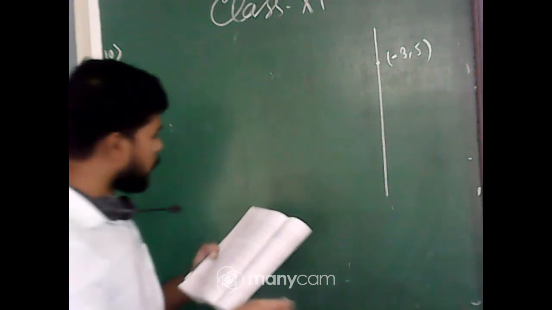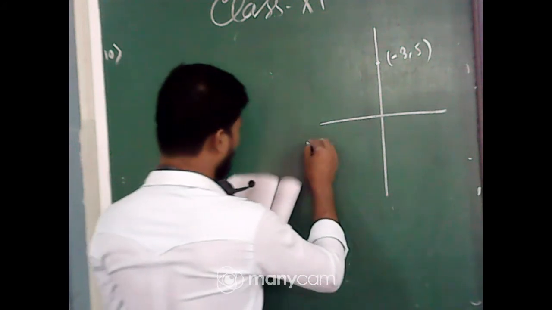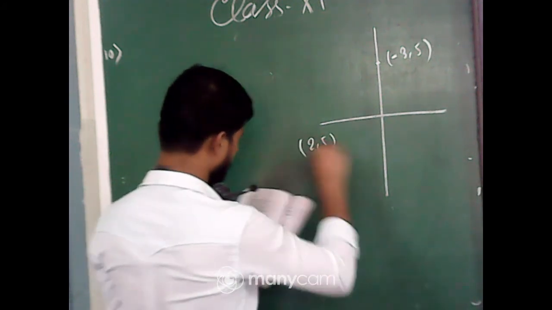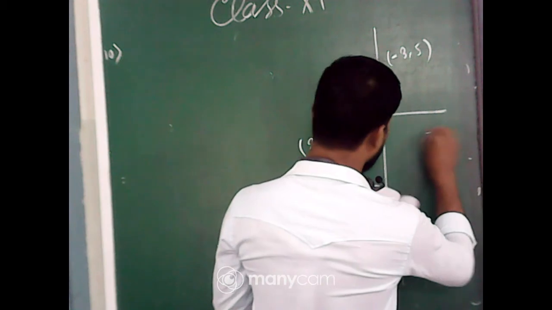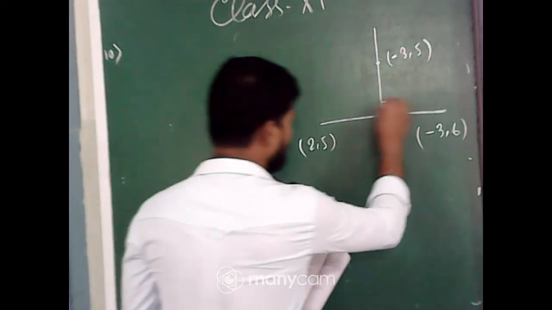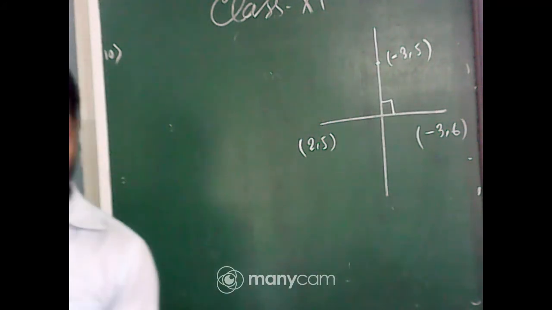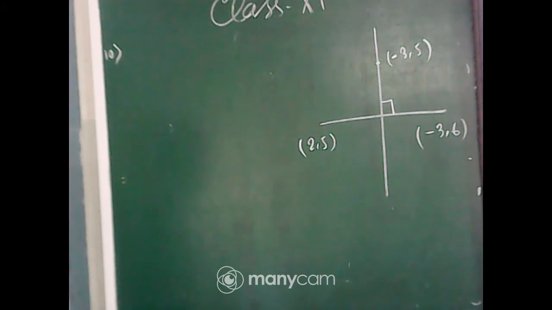This line is also perpendicular to a line which joins the 2 points (2, 5) and (minus 3, 6). This line and that line are perpendicular to each other. We have to find the equation of this line.